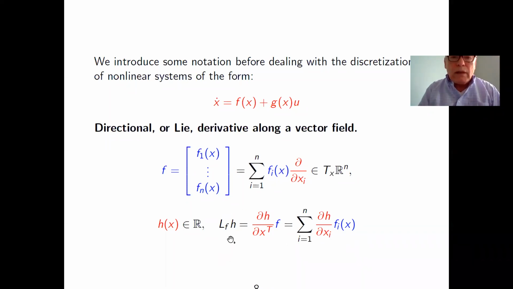The directional derivative will tell me how much the function h, which is a scalar function, will be varying in the direction of f. And that directional derivative will be very useful, and this notation will be very useful to obtain properties of the nonlinear system.